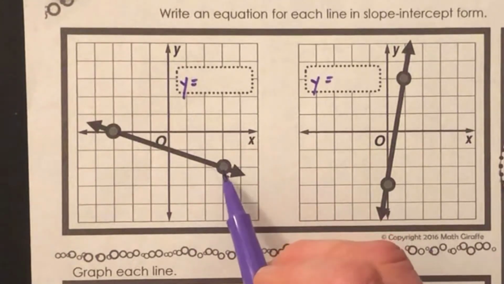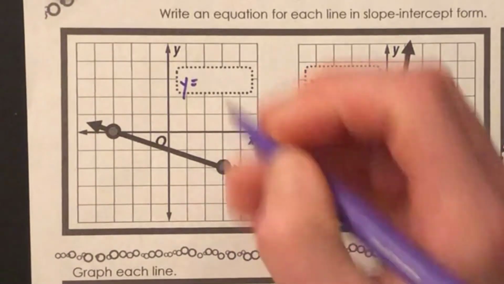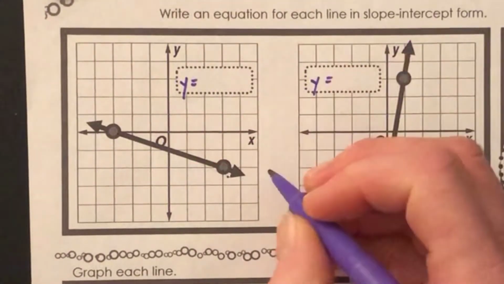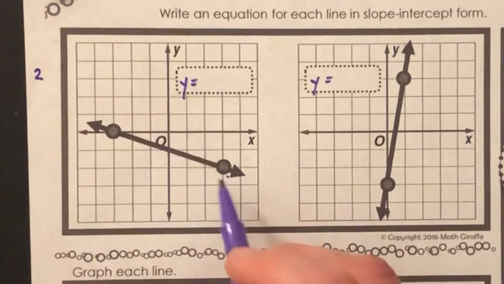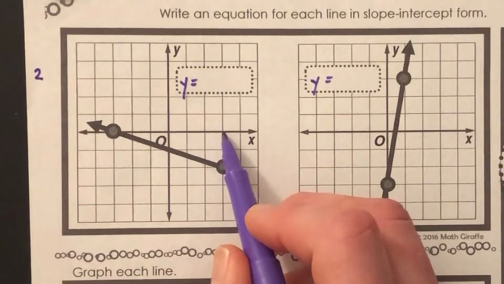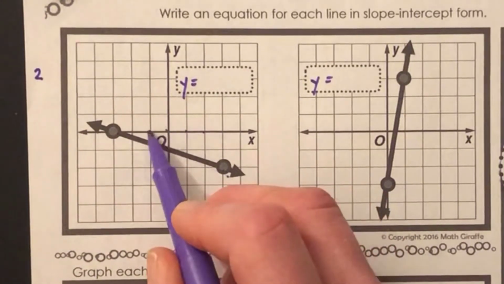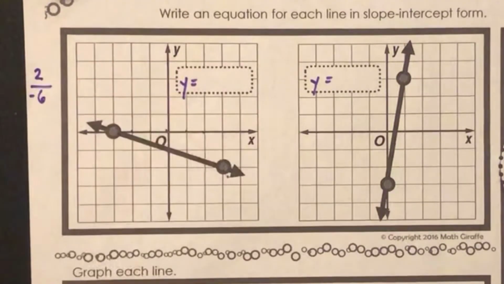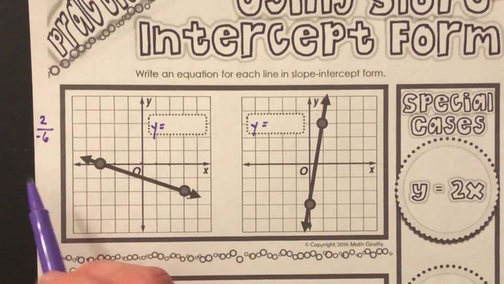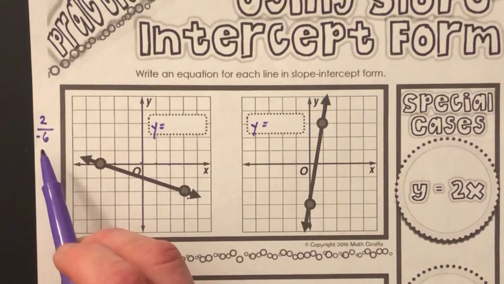It is up 2, and then 1, 2, 3, 4, 5, 6 to the left, 6. Let me just write this to the side first in case it reduces. Oh, I'm glad I did that. Reducible. 2 over 6 reduces to 1/3.